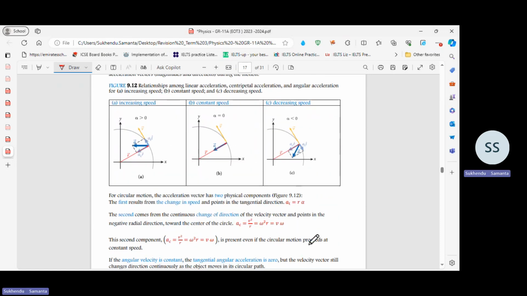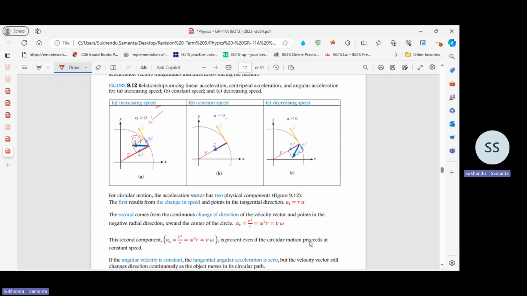Yeah, this is also a very important one. When the object is in circular motion, this alpha, or your angular acceleration, decides whether it is slowing down or it is still on the circular path. Here you can see when alpha is greater than 0, the object's angular velocity is increasing, and the net acceleration is above this radius, you can say.